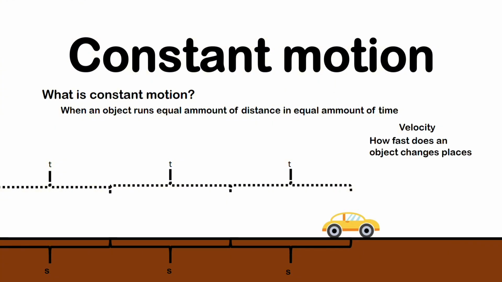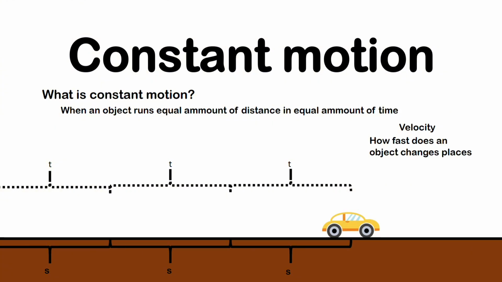But how do we describe it? We have two measures to take into account: the distance, which we symbolize with S, and time, which we symbolize with T. These are the two factors which our velocity depends on.